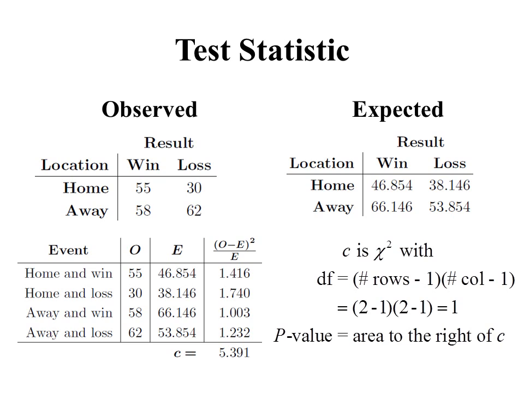Theoretically, assuming the null hypothesis is a true statement, then this value C is an observed value of a random variable with a chi-squared distribution, and the number of degrees of freedom is the number of rows minus 1 times the number of columns minus 1, which in this case comes out to be just 1. So this has a chi-squared distribution with 1 degree of freedom. And then, like from section 5.7, the p-value is the area underneath the chi-squared density curve with 1 degree of freedom to the right of our test statistic. So this is always going to be a right-tailed test, just like in section 5.7.